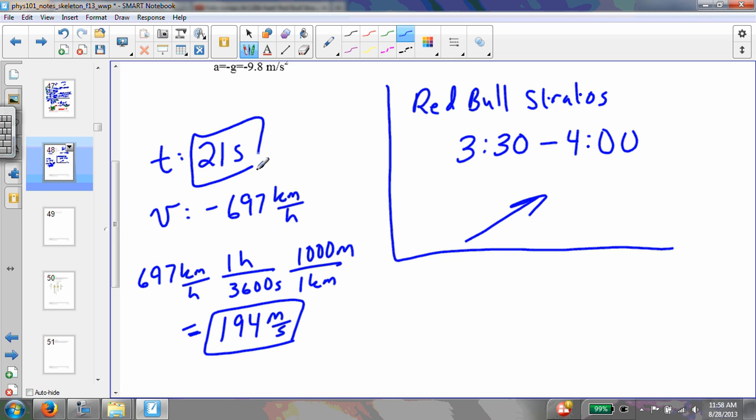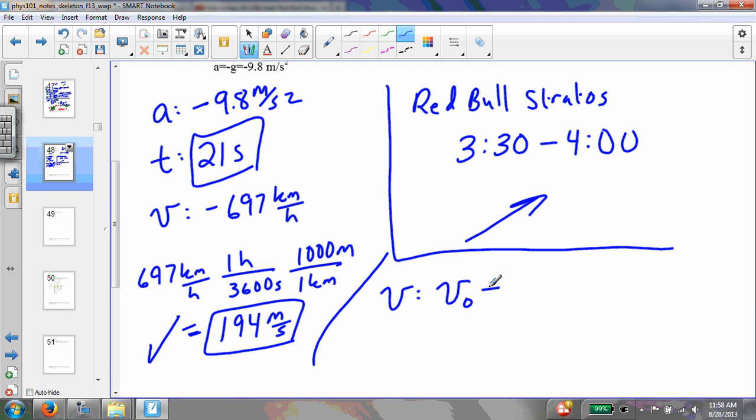So we have a time and we have a speed, but we also know his acceleration because he's falling within the gravitational field of the Earth. It's negative 9.8 meters per second squared. So let's just do a check on this. I'm going to use my kinematics equation: v is equal to v naught plus a times t. My v naught is my initial velocity. This was his velocity just before he jumped, and it's equal to 0.